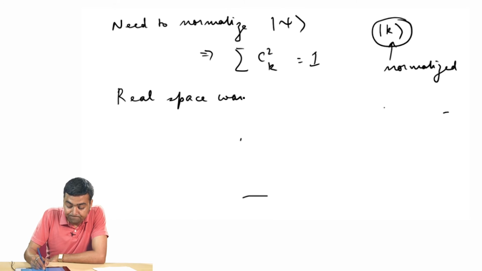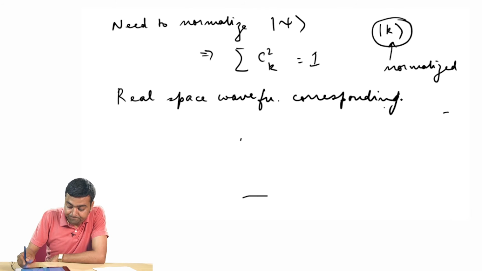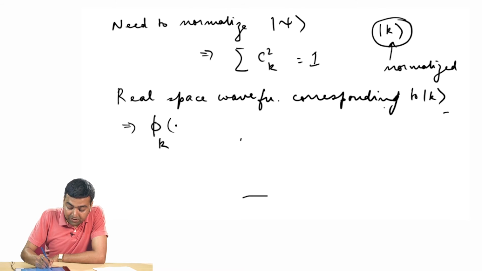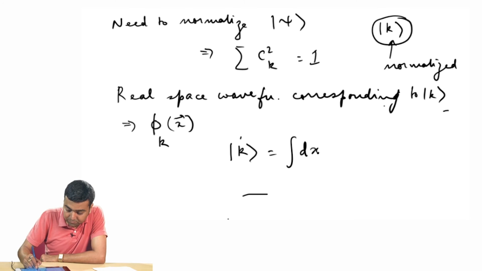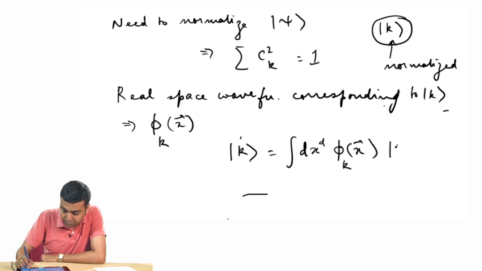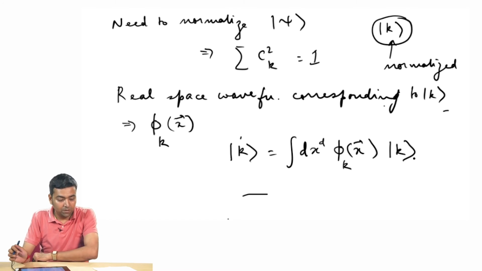If we denote this as phi_k(x), then as before we can write |k> equals integration dx phi_k(x) |x>.